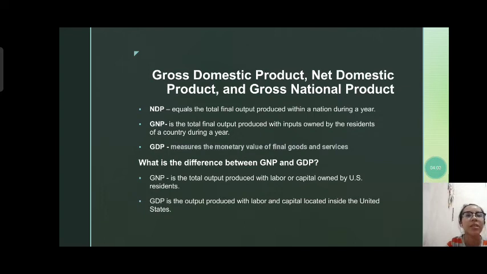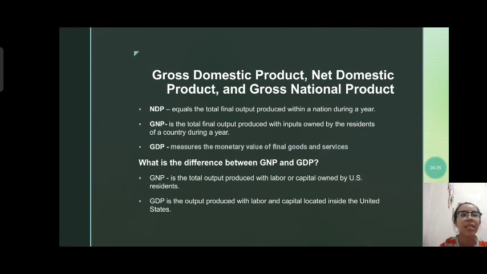GNP, or gross national product, is the total final output produced with inputs owned by the residents of a country during a year, while GDP measures the monetary value of final goods and services. Also, gross domestic product is the total of value added in an economy.